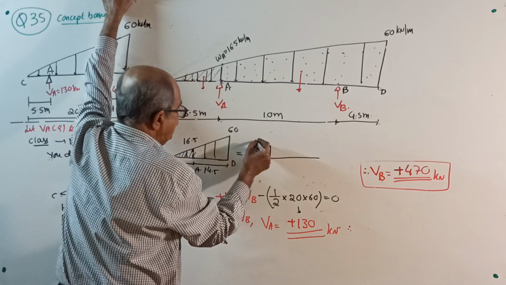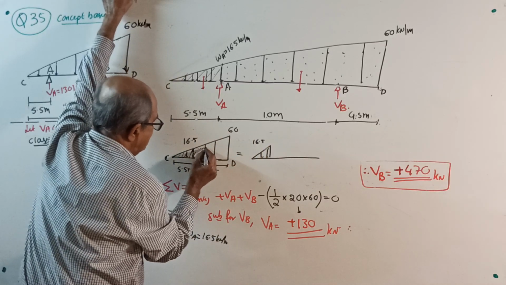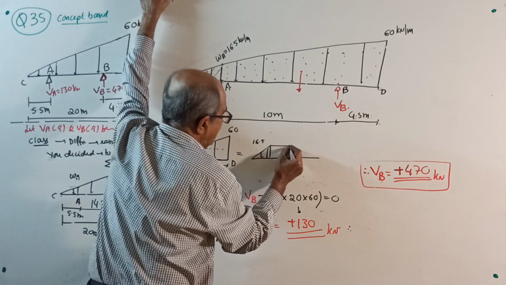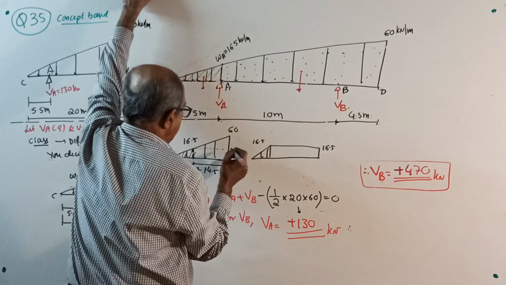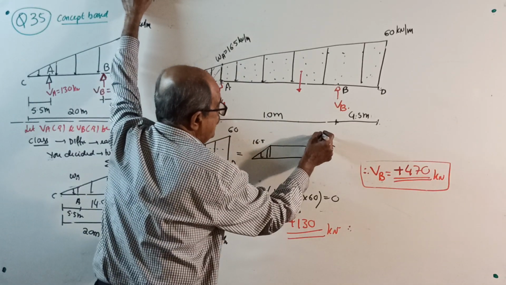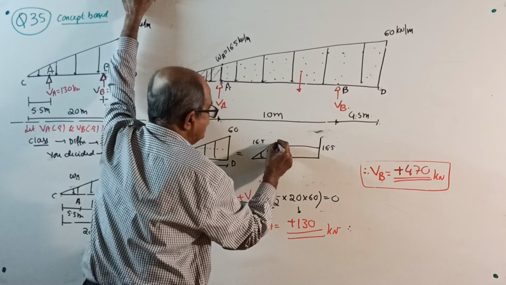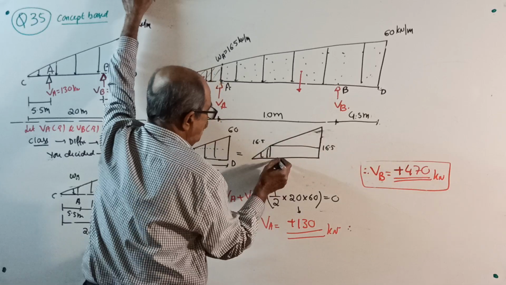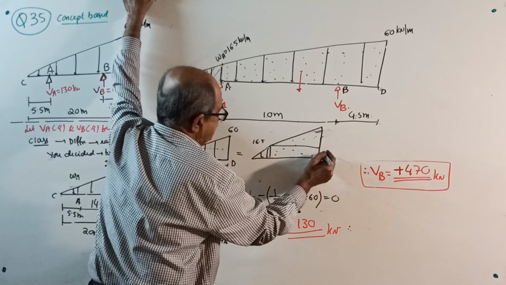This intensity is 16.5. Then, see here, one rectangle of 16.5 only. Then, here 16.5, here 60, you get one triangle here. See, actually, it should be a continuation of this line, this way. So, separately, this is 16.5.